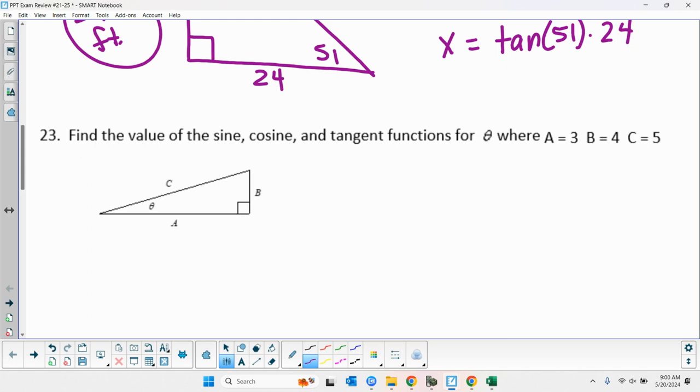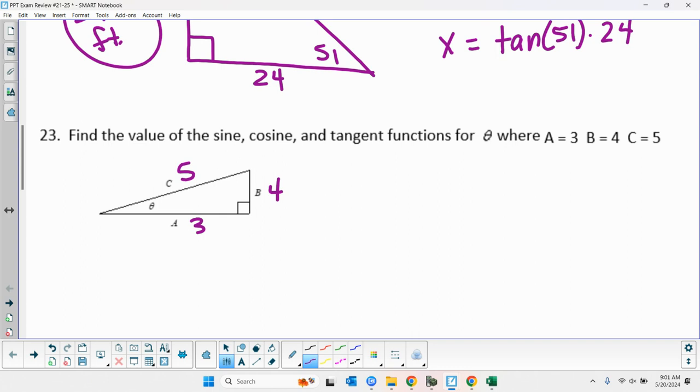A was 3. B is 4, even though it looks like B should be 3 and A should be 4, right? That's okay. The picture doesn't have to match what you're told. All right. And you had to give me sine, cosine, and tangent. SOHCAHTOA, right? Theta is here.